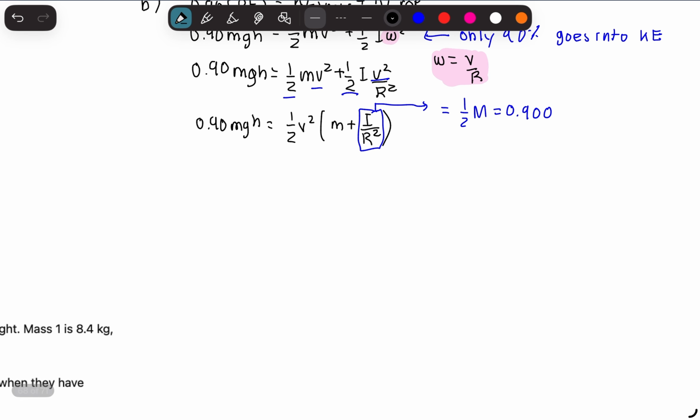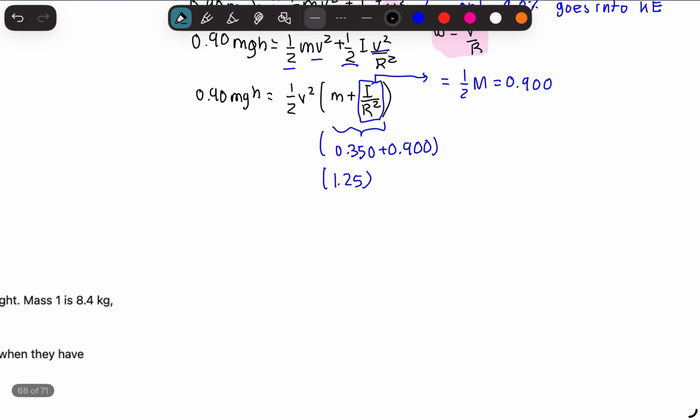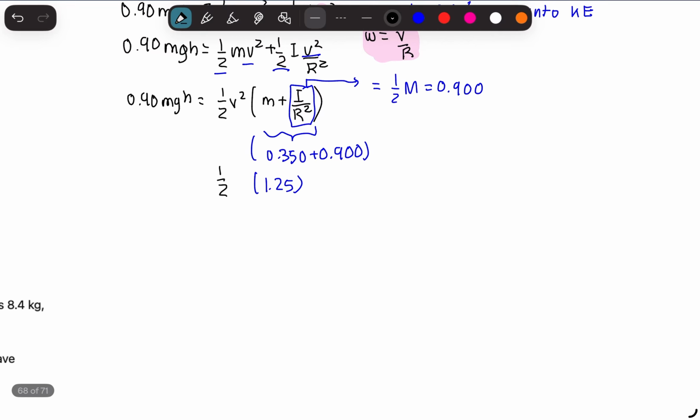Therefore, we have this is going to be equal to, so after this we have 1/2 times V squared. So we have 0.90.